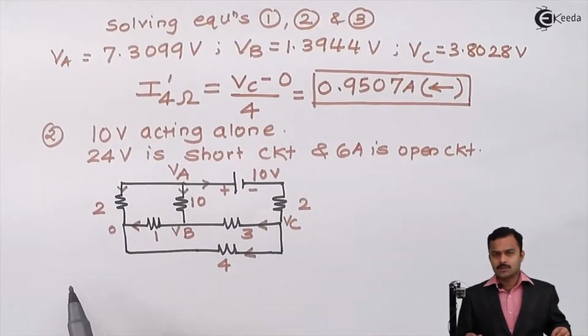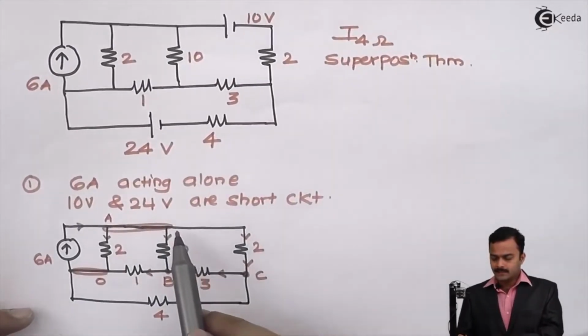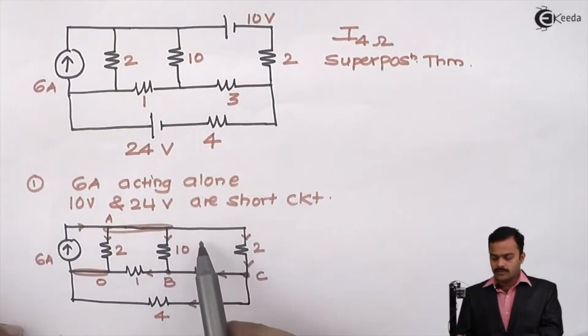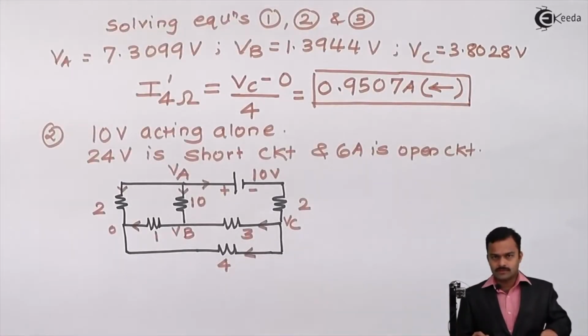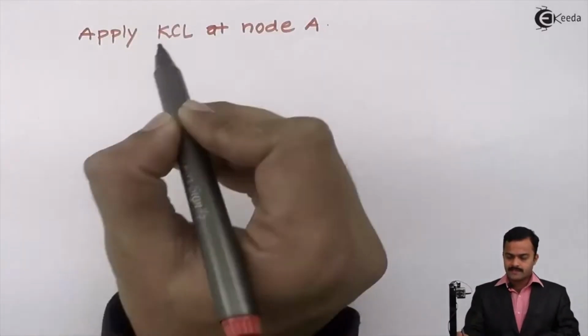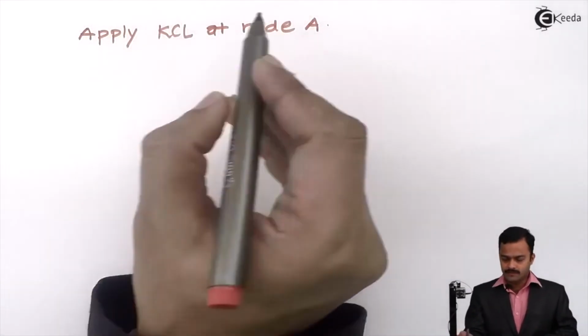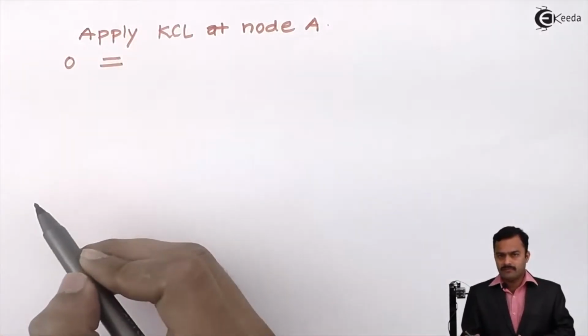So obviously the constant term will go. But in this branch there was no voltage source in the first case, but now there is a voltage source. So how am I going to write the equation? KCL at node A will give me 0 as the incoming current, because the 6 ampere current source I have removed.